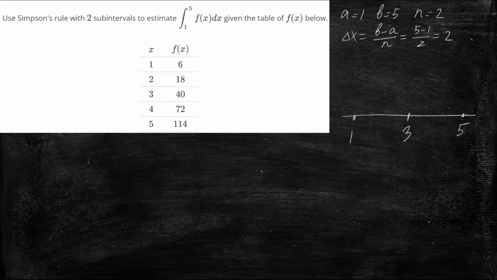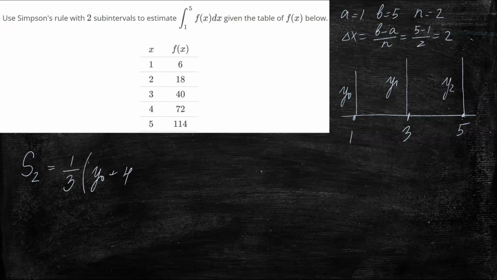So again, we're going to have y0, y1, and y2. And according to the Simpson's rule, so here we're going to be doing S2, the area is 1/3 times y0 plus 4 y1 plus y2, times delta x, is equal to... y0 is this one, y1 is this one, and y2 is this one.